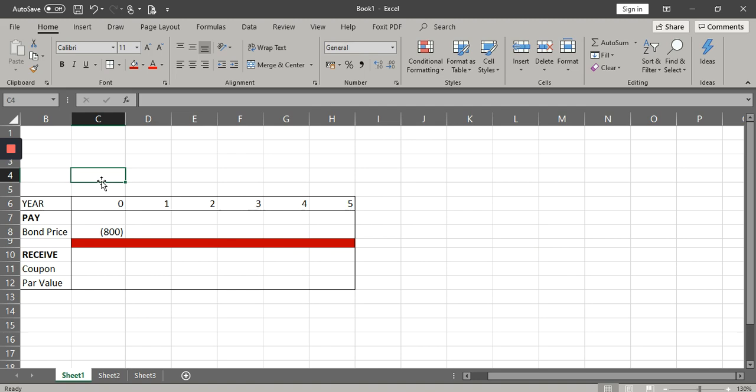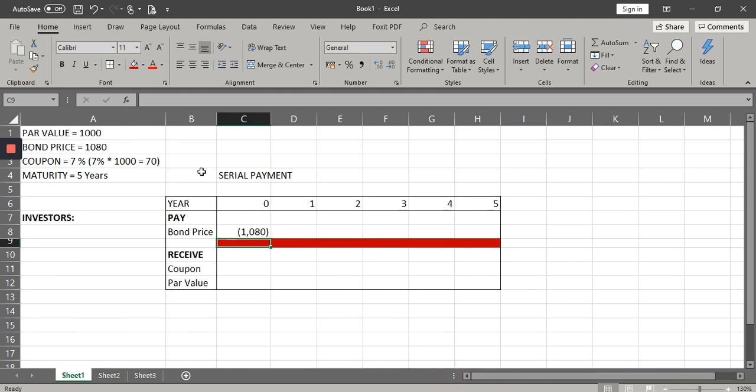The next one would be serial payment. Let's assume the whole case is similar. Previously you were getting 70, 70 every year. If it's a serial payment, you will be getting the coupon plus the par value combined together.